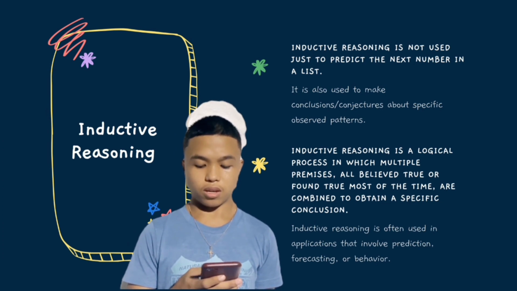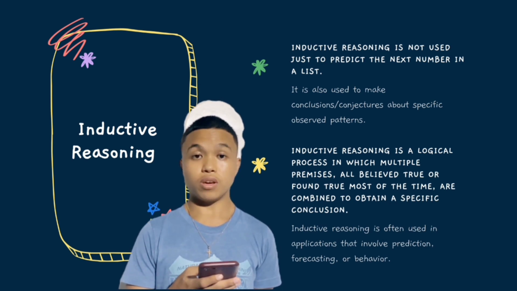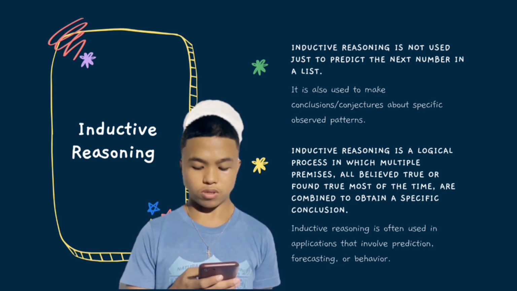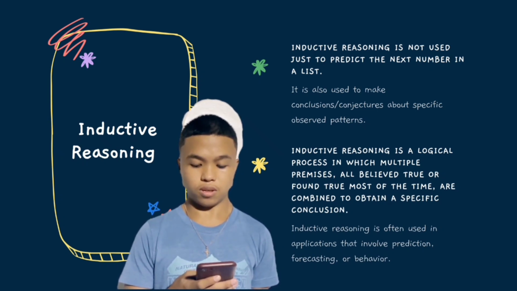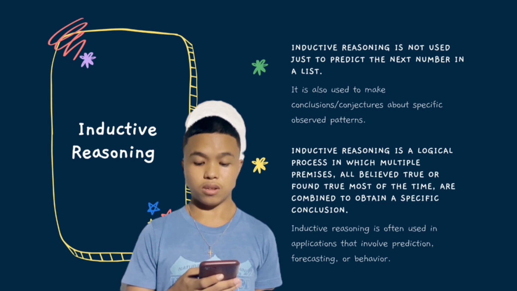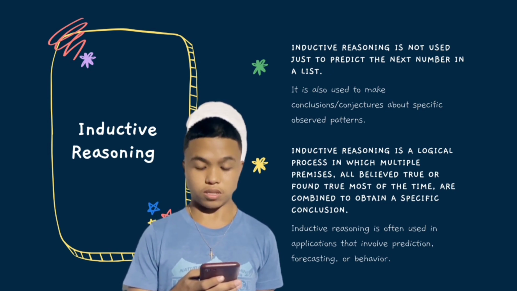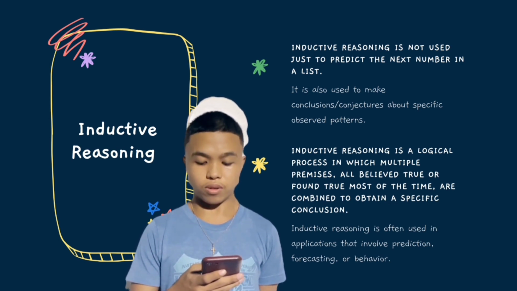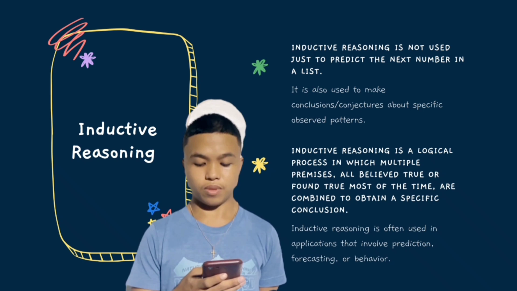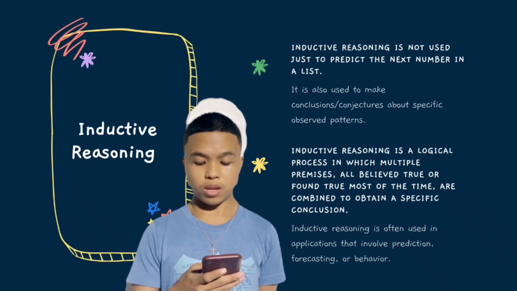Inductive reasoning is not used just to predict the next number in a list. It is also used to make conclusions, or conjectures, about specific observed patterns. Inductive reasoning is a logical process in which multiple premises, all believed true or found true most of the time, are combined to obtain a specific conclusion.